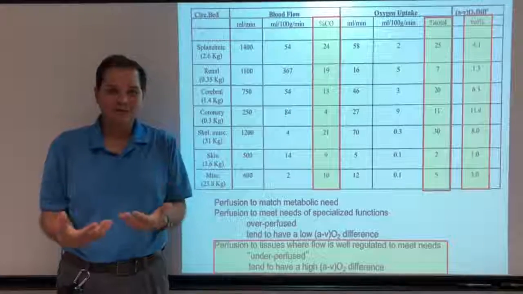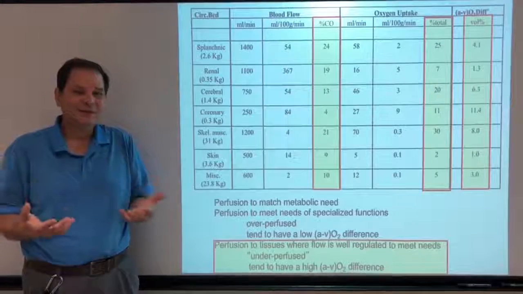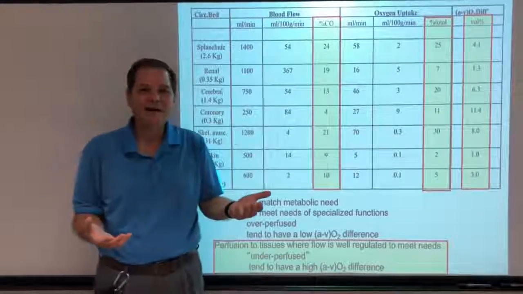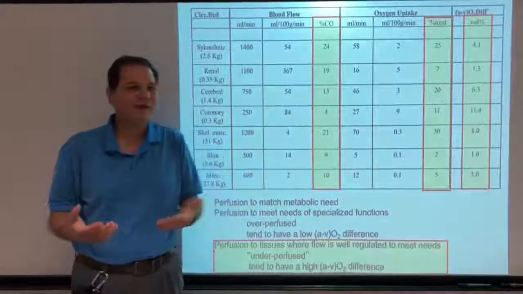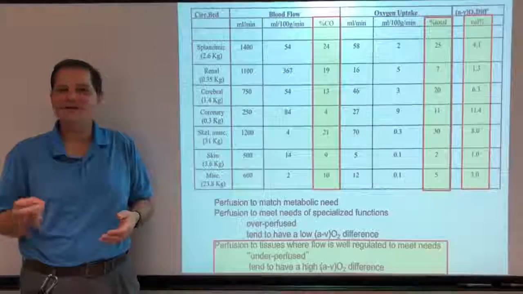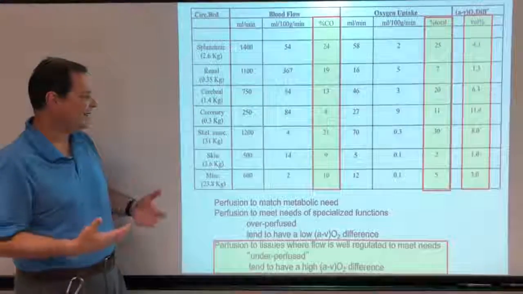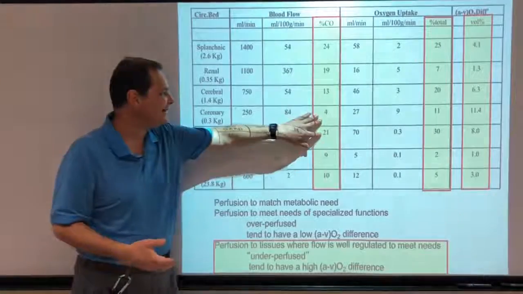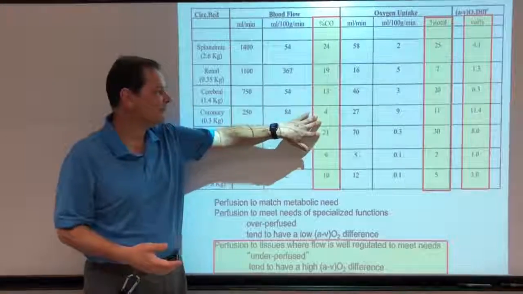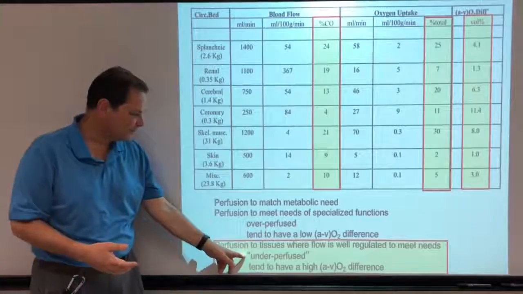Your body is tuned to make sure that they get it, and because of that, your body thinks, well, there's no reason to give them a whole lot at rest, because when they need that blood, I'm tuned to make sure that heart and the brain, they get that blood. Okay, so because of that, they don't get an excessive amount of blood at rest, but when they need it, they get it.